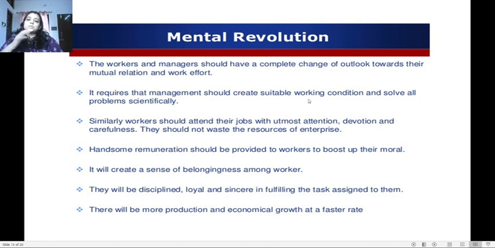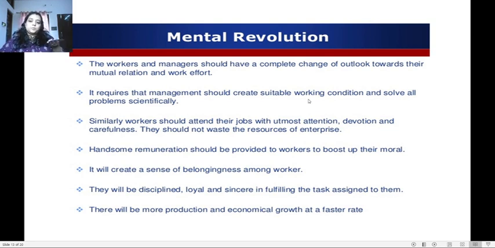So as a manager, I should take the suggestions of the workers, but as a worker I also need to follow the rules and regulations which are made by the managers on the job, with more devotion, with carefulness, not carelessness, and they should not waste the resources of the organization. Again, handsome remuneration should be provided to the workers to boost up their morale.